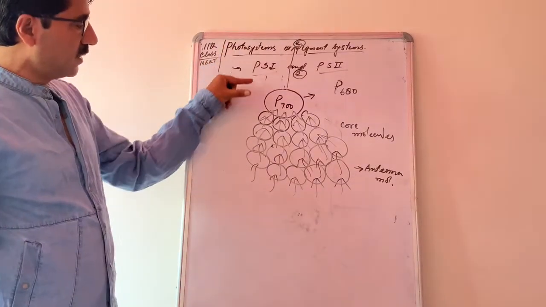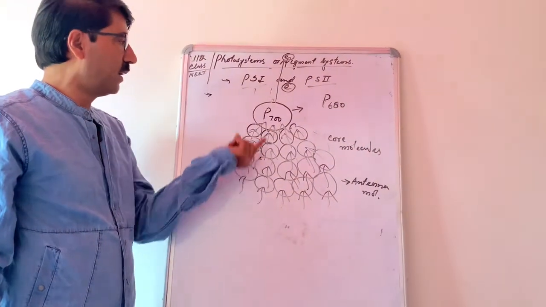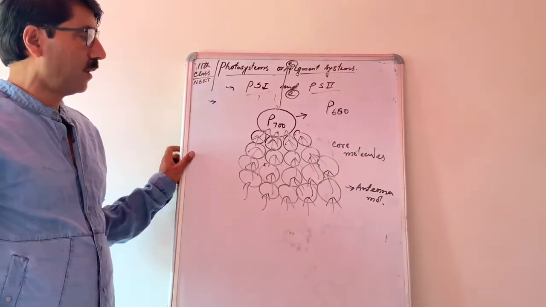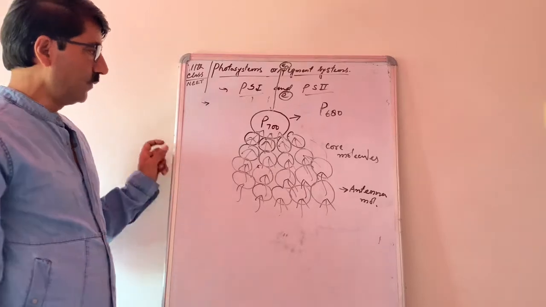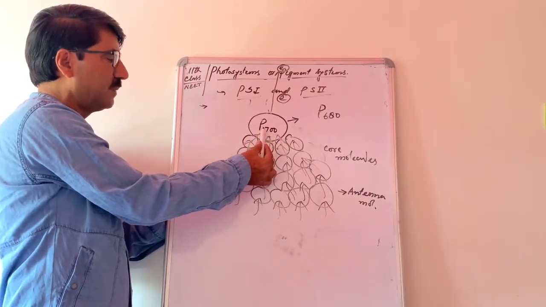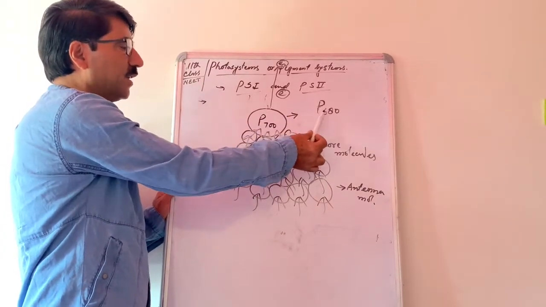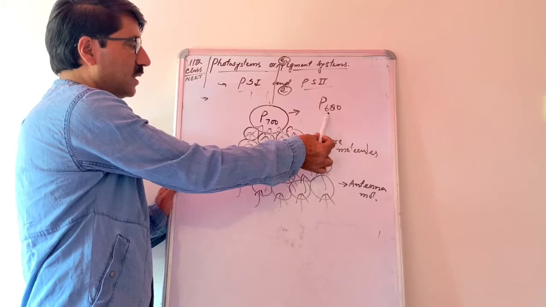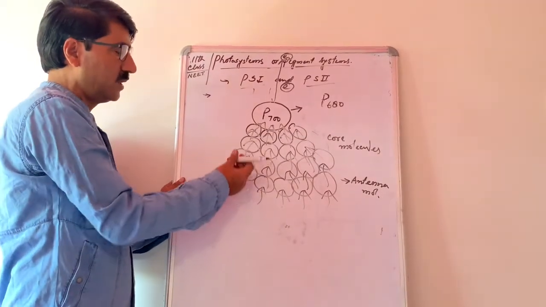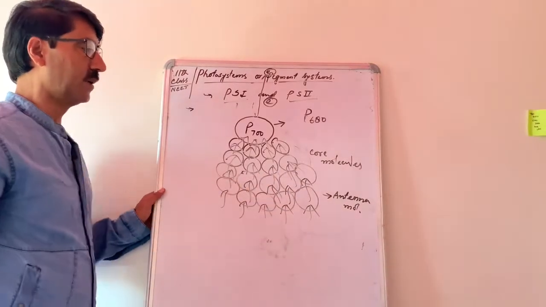This is the schematic diagram of a photosystem or a pigment system. In PS first, the reaction center is P700, and in PS second, the reaction center is P680. In both cases, there are other pigment molecules forming the core and the antenna.